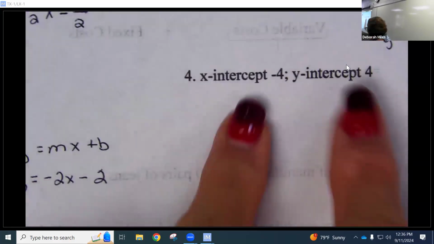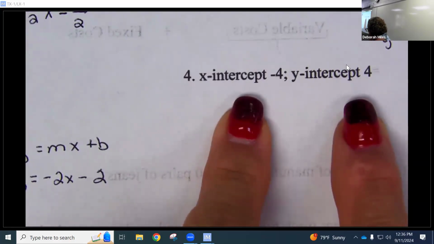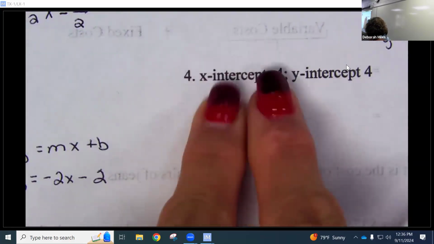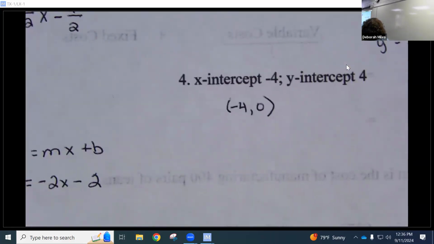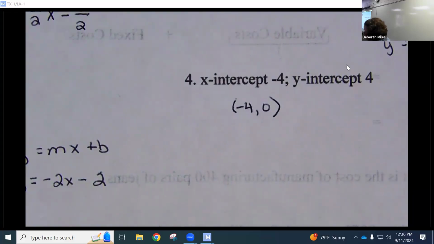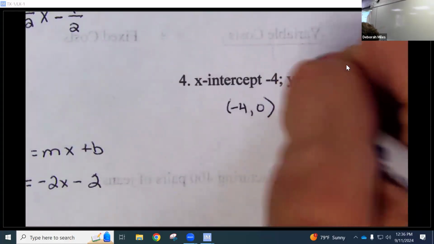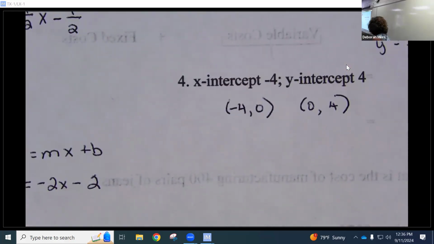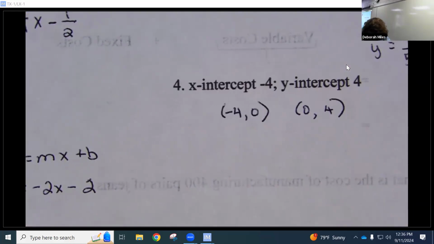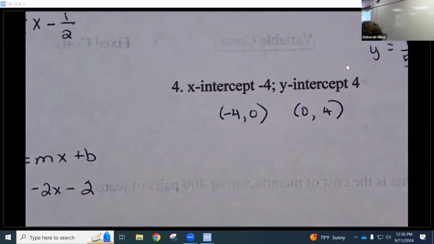Oh, you could write both of those as ordered pairs. I know if the x-intercept is -4, that means the y is 0. And if the y-intercept is +4, that means the x is 0.